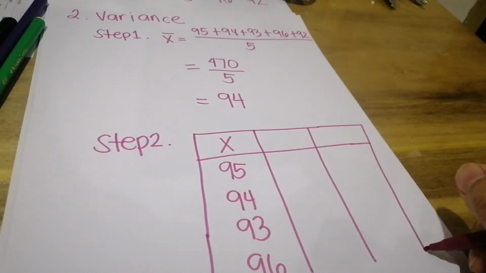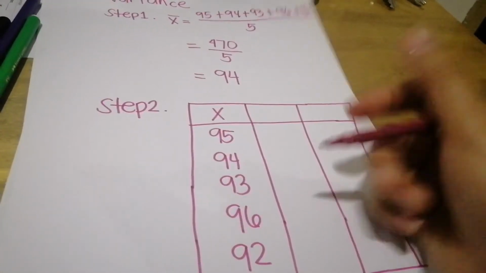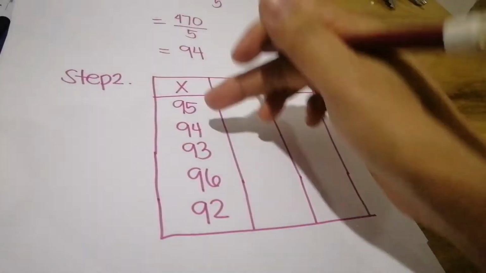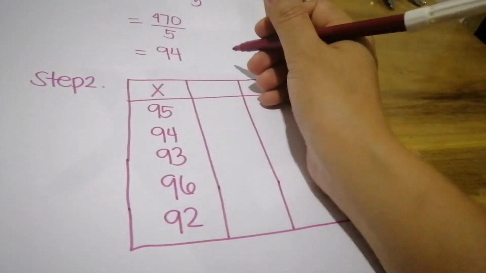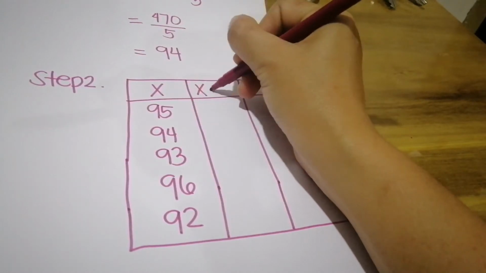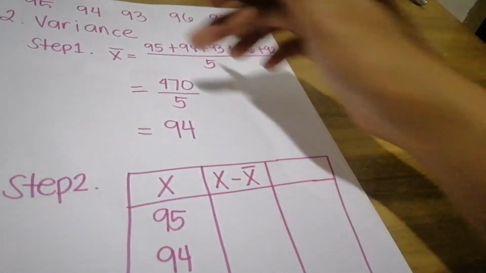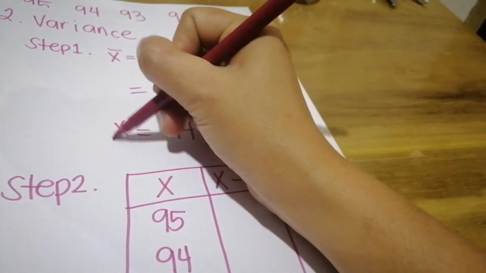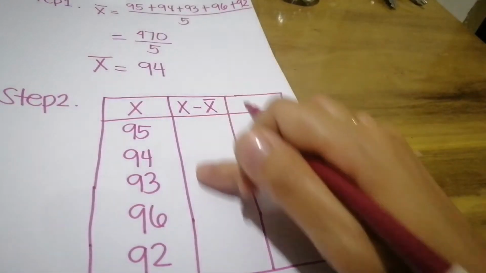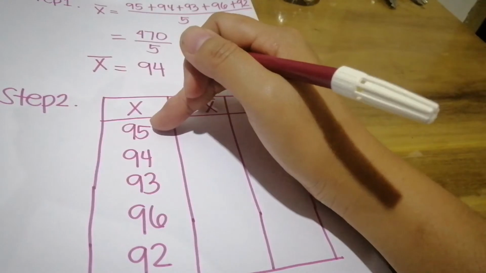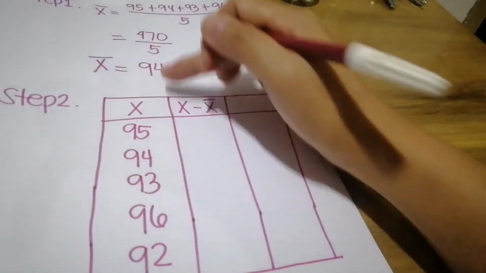Again, in the first column are the numbers in the dataset. The second column is for X minus X bar. Remember that X bar is the mean, which is equal to 94. To fill in this column, we simply get the difference between these numbers, X, and this 94, the mean.